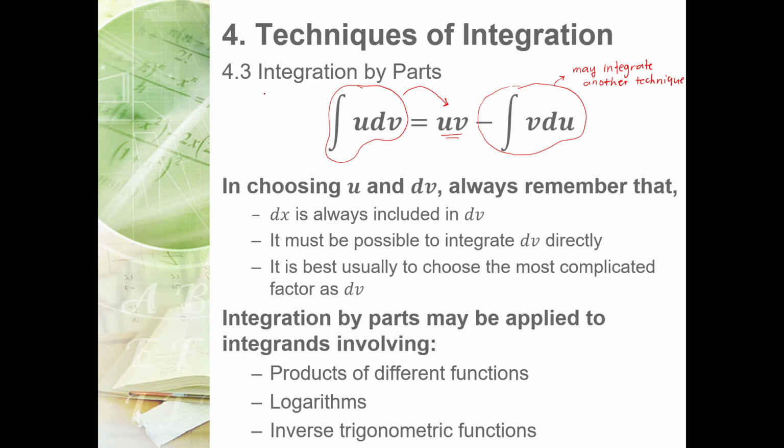So where does the formula come from? Recalling our product rule in derivatives, or the chain rule, the derivative of uv is equal to u dv minus v du.